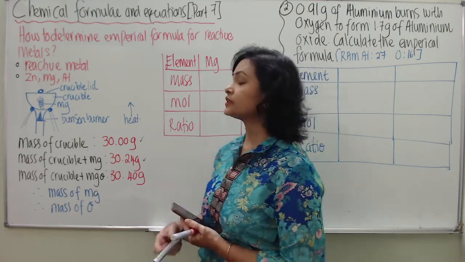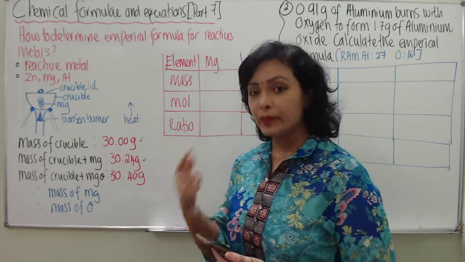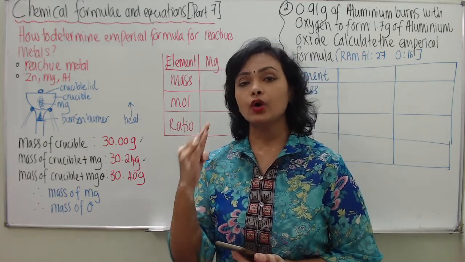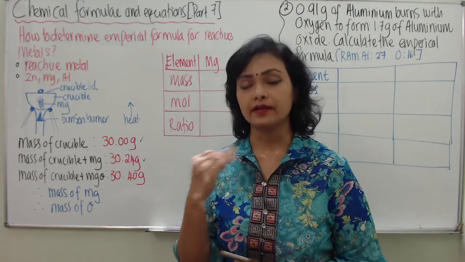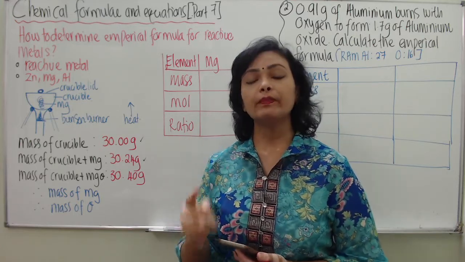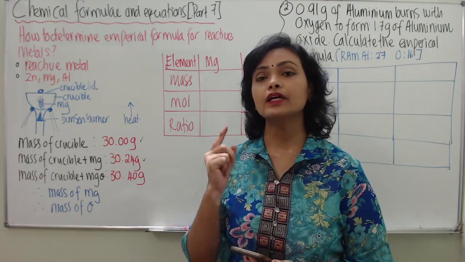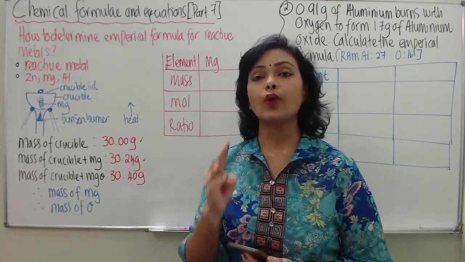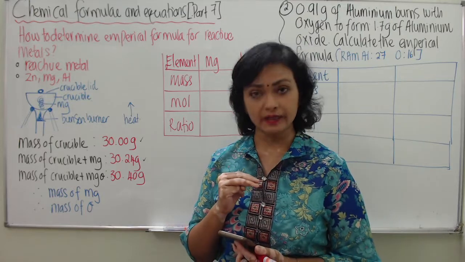Now we continue burning. We go through the process of heating, cooling and weighing. Teacher repeats: repeat the process of heating, cooling and weighing until students see a white substance, which is magnesium oxide.